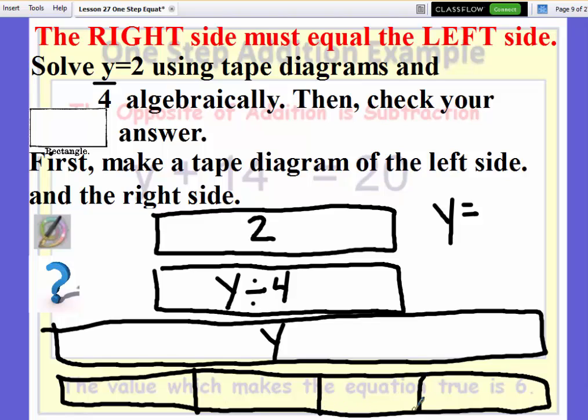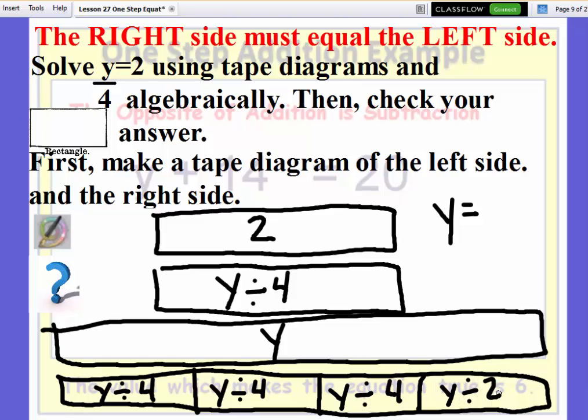So now I'm going to ask myself, how big is this section? Well, I don't know because there's a y here, but what I do know is I have a y divided by 4 because I divide into 4 equal groups. And when I divide into 4 equal groups, that means they're all going to be the same amount.